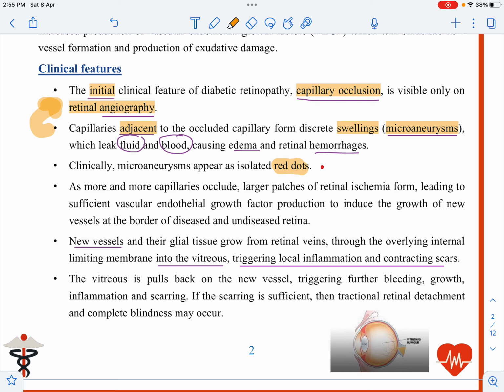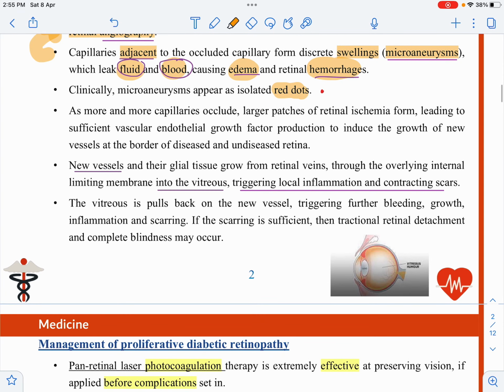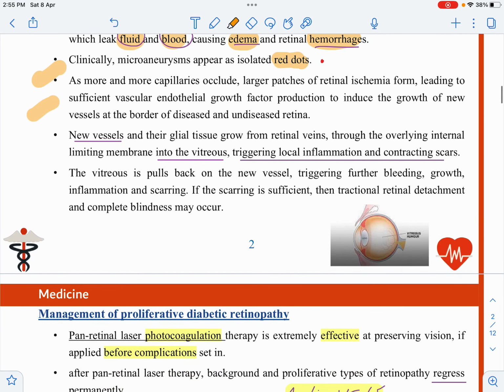طبعا هاي المشكلة مع المايكرو انيوريزم انه راح تؤدي الى leak of fluid اللي تؤدينا الى الأوديما and leakage of blood اللي يؤدينا الى الهيموريج. هاي كلها شرحناها قبل شوية، إلا إنه هاي النقطة إنه the new vessel that is formed it will enter into the vitreous and it will trigger a local inflammation and contracting scars.